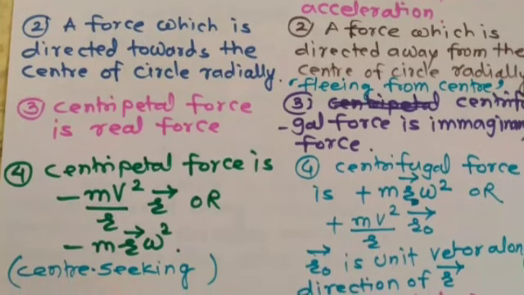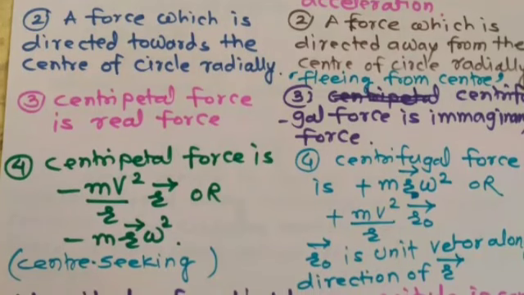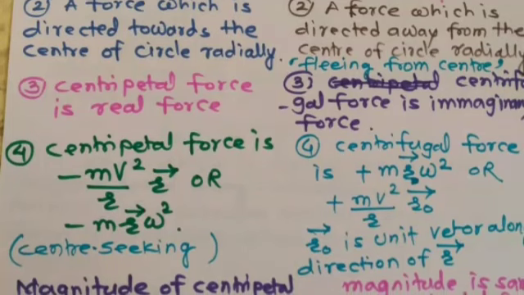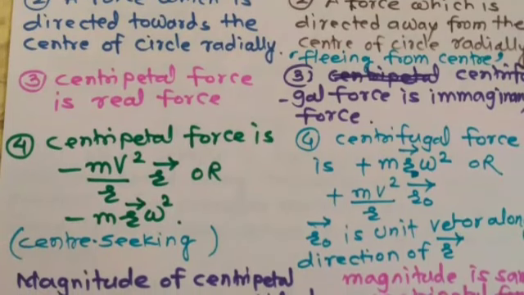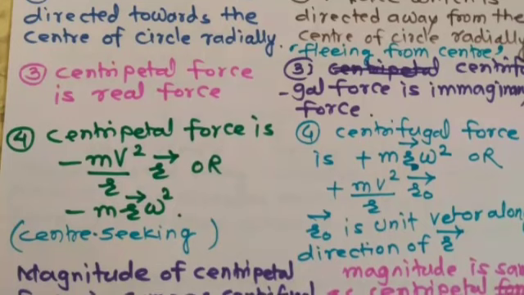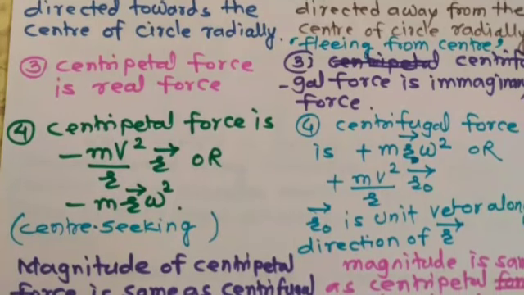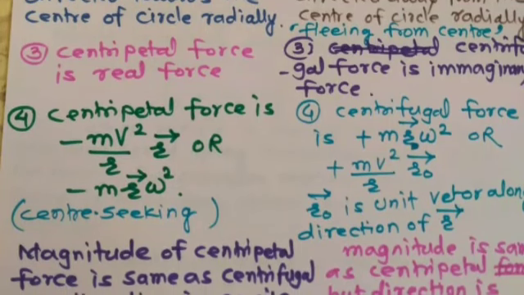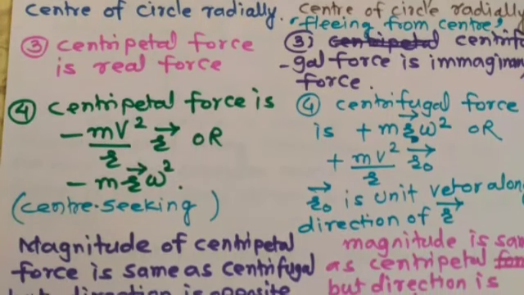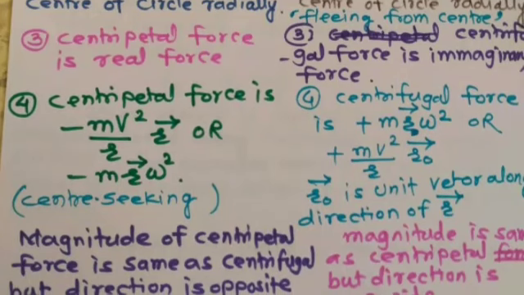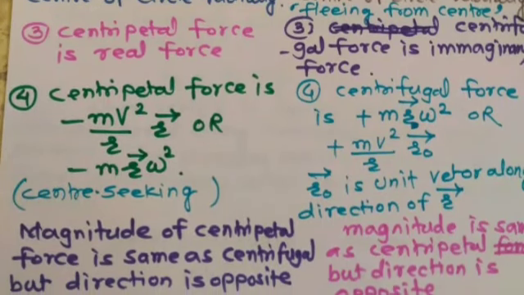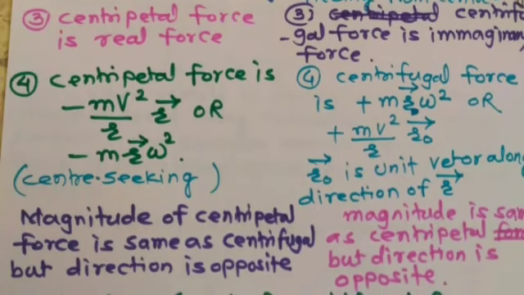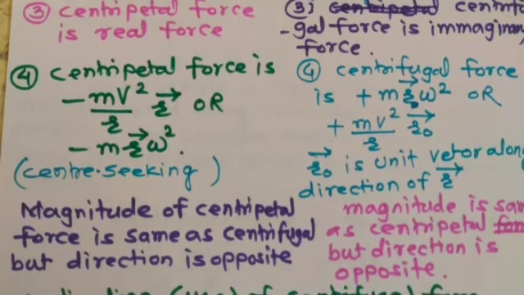Fourth point, centripetal force is minus mv square upon r into vector r0, or minus m vector r omega square, called center seeking force, whereas centrifugal force is plus m vector r omega square or plus mv square upon r into vector r0, where vector r0 is the unit vector along the direction of vector r.